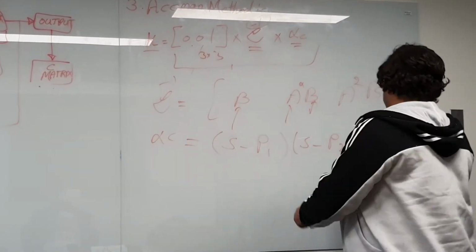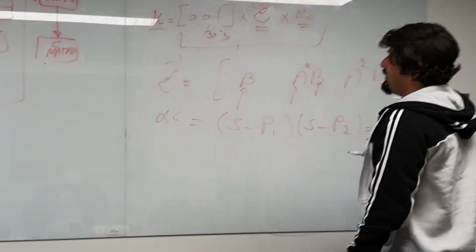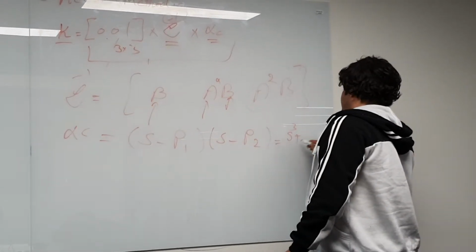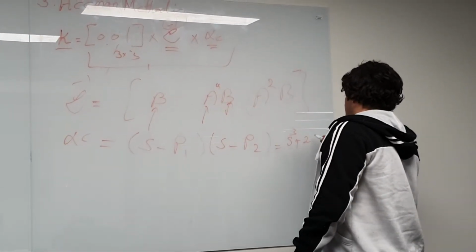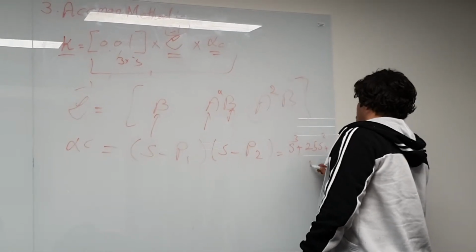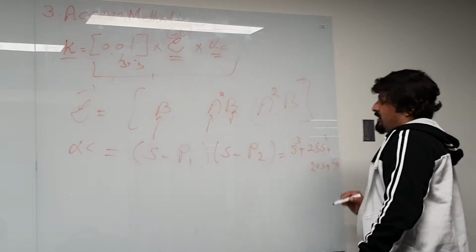If it's 3 by 3, it's going to be S to the power 3, and for example plus 25 S squared plus 20 S plus, for example, 50.